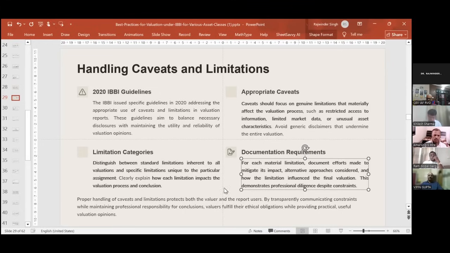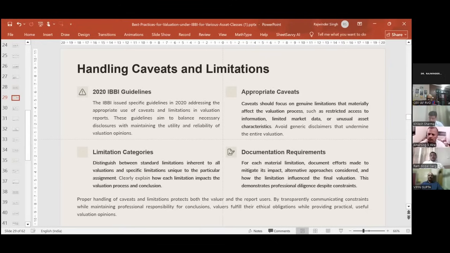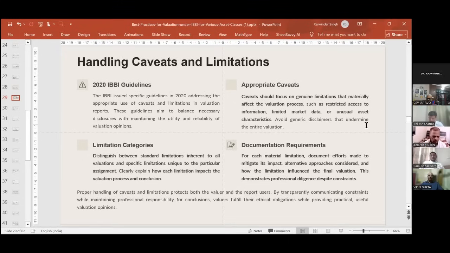So proper handling of caveats and limitations protects both the valuers and the report users. By transparently communicating constraints while maintaining professional responsibility for conclusions, valuers fulfill their ethical obligations while providing practical, useful valuation opinions.